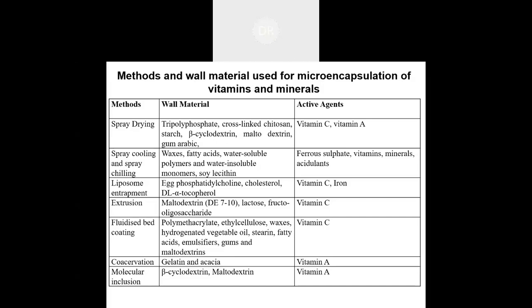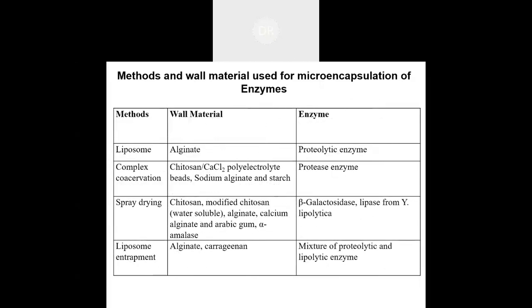Next, the encapsulation of enzymes. Proteolytic enzymes can be encapsulated by using alginate as a wall material by the liposome method. Then proteases can be encapsulated by using chitosan and calcium chloride, a combination of chitosan and calcium chloride, and sodium alginate and starch with the complex coacervation methods.